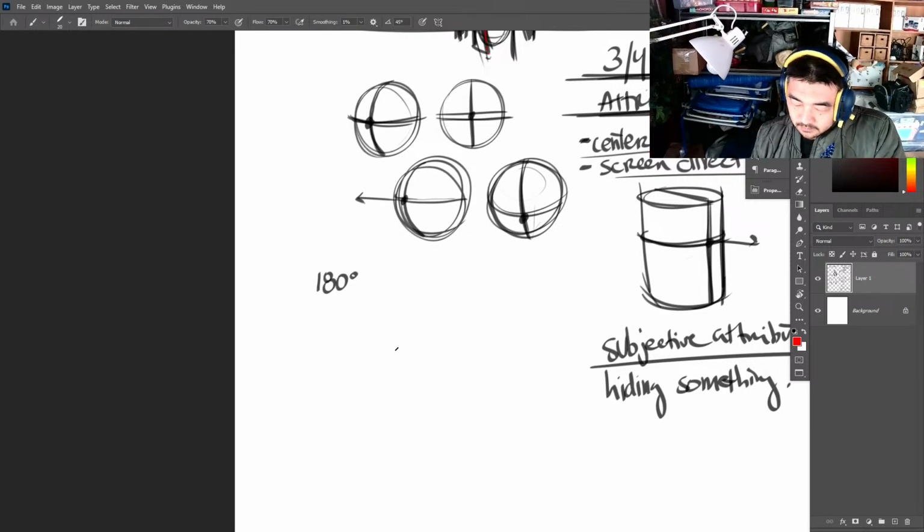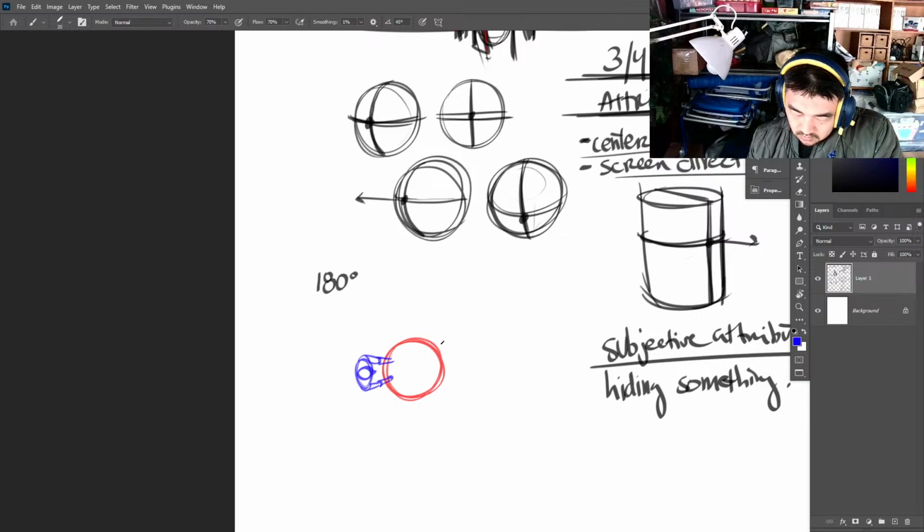Let's say you're at a table scene. Here's a table. I'm doing a top-down overhead shot. And we'll do this person right here. That's the shoulders. Here's the head. Maybe here's the arms. Then we'll do the other person right here.